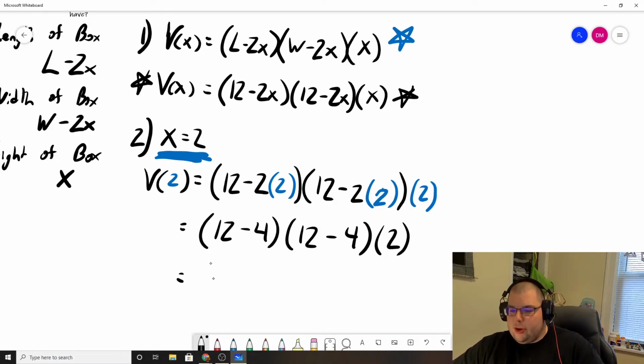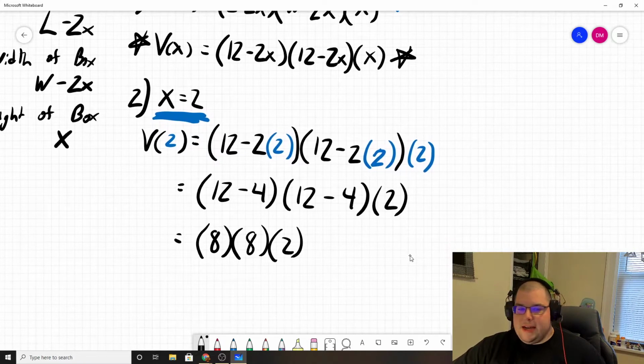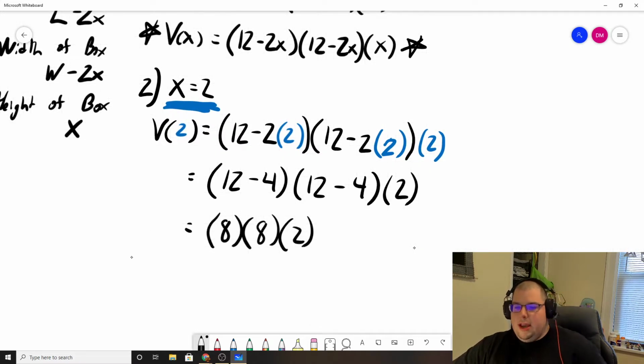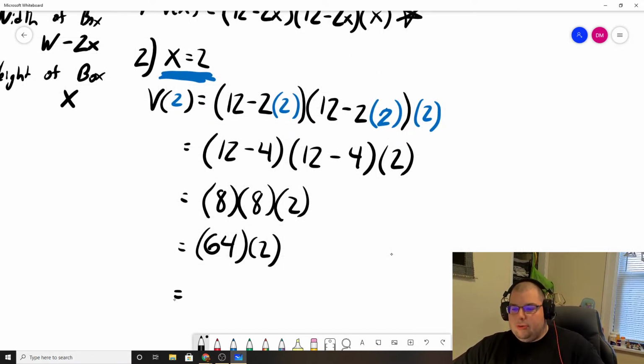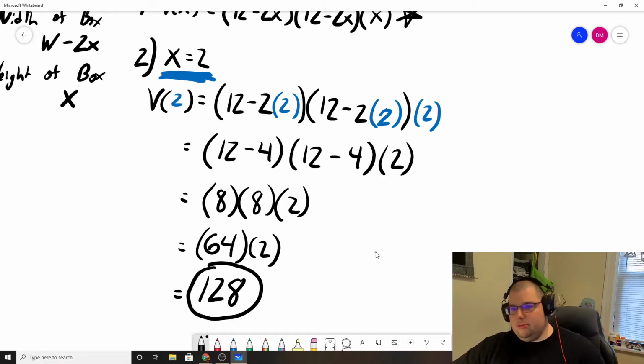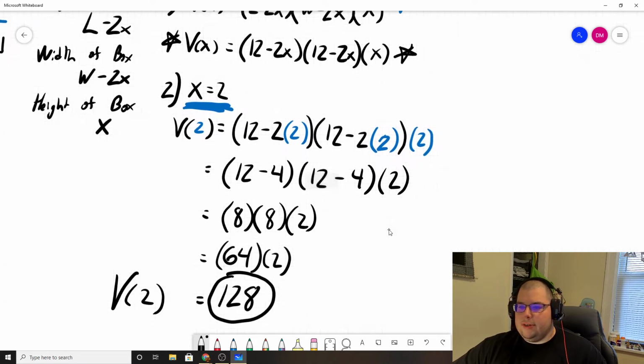So both of those are 12 minus 4, which is 8. Giving me 8 times 8 times 2. And then we need to multiply 8 times 8, a nice perfect square of 64. And then now we can multiply by 2, and that gives me a volume of 128. So that is the volume when x is equal to 2. So this is v of 2, the volume when x is equal to 2.